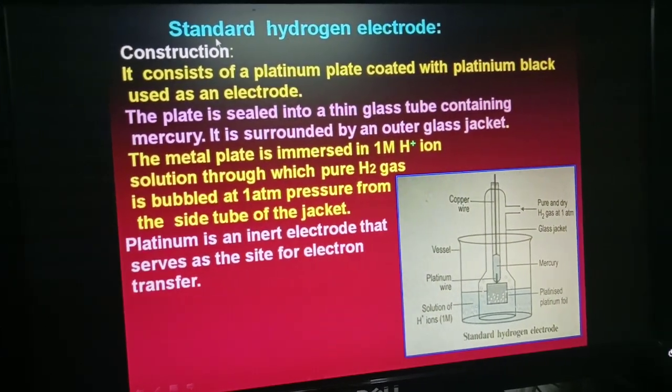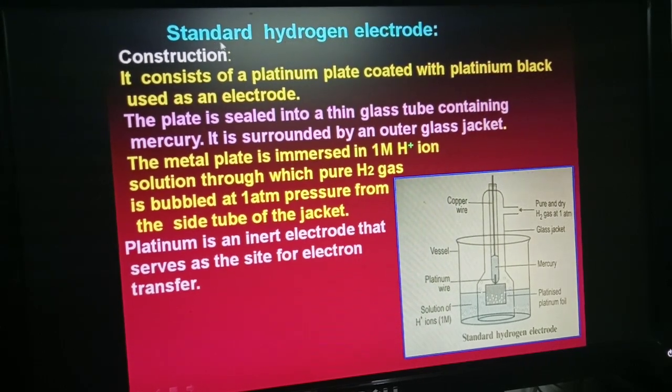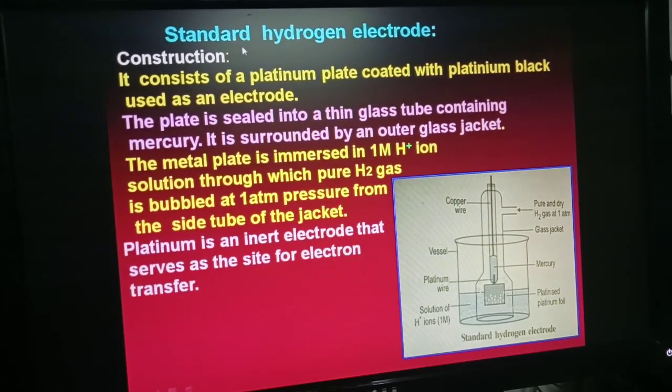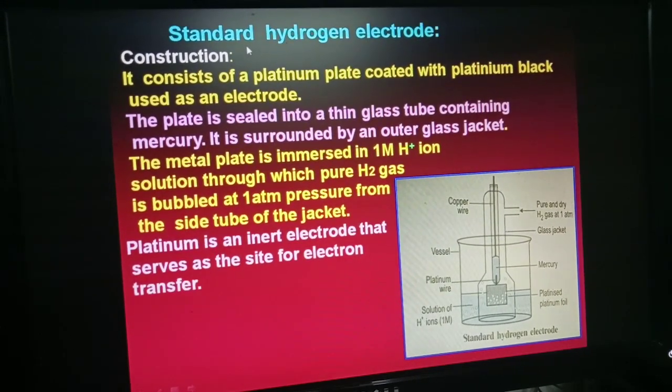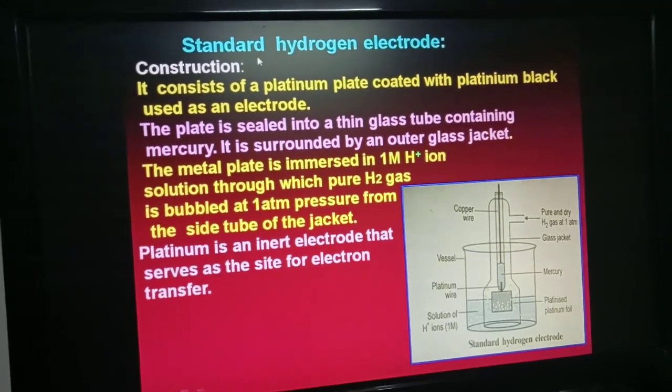In my previous lecture, I had told you about the reference electrode. A reference electrode is that electrode whose potential is exactly known, arbitrarily already known. Under reference electrode, two types of electrodes are there.